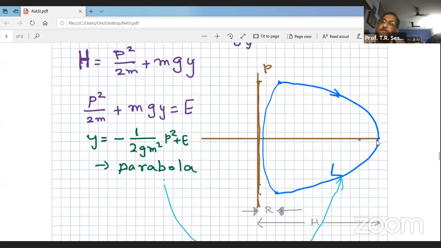So it compresses to a maximum limit, and after that parabola there is the deformation, and during this deformation the momentum continuously changes from minus p max to plus p max. So the discontinuity is avoided by introducing deformability instead of making it a rigid ball.